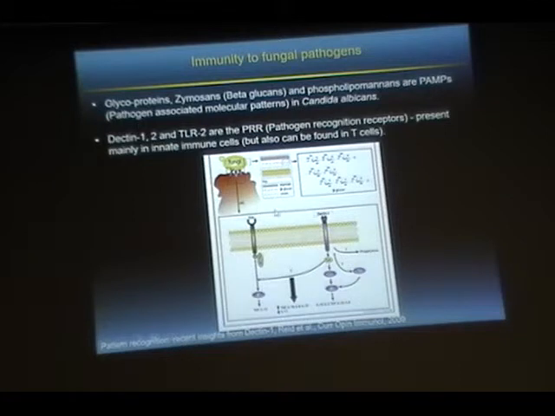If you look at the enlarged picture, these are the structures of beta-glucans, which is one of the primary PAMs in the fungi, and these are the PRRs, the dectin receptor and toll-like receptor. So it leads to the activation of certain signals, activating NF-kappa B and MAP kinase as well, leading to the production of these types of cytokines.